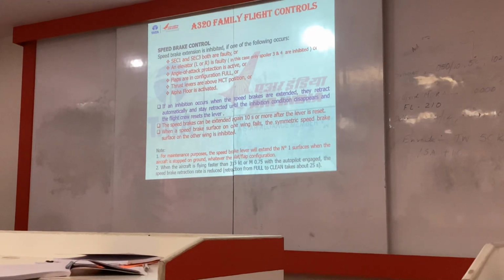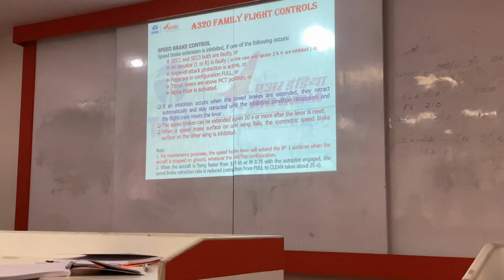Angle of attack protection. Angle of attack means when you were very high angle of attack, you had a certain value. So high angle of attack means your speed will be lower, isn't it? There is a possibility of alpha floor also. Alpha floor, something is there?